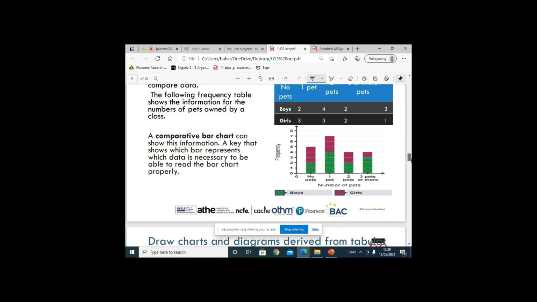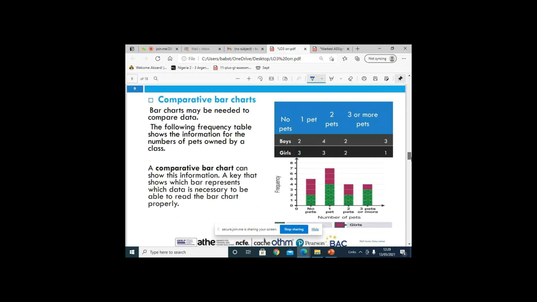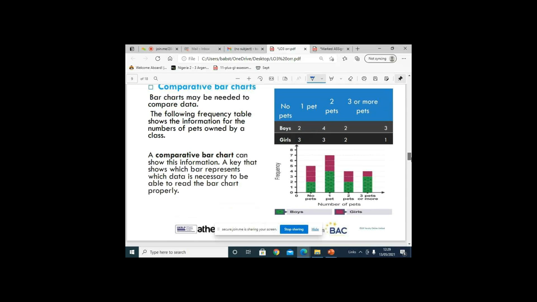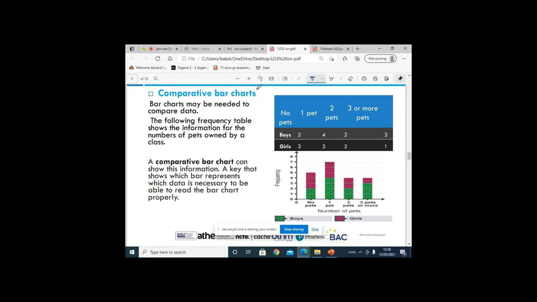In this case, you have to give a key. Boys is represented by green, and girls by red. So 2 boys have no pets and 3 girls have no pets. The bar from 2 to 5 represents 3, that is 3 girls have no pets, and from 0 to 2 represents 2 boys.